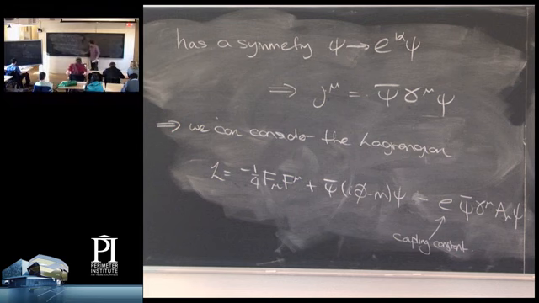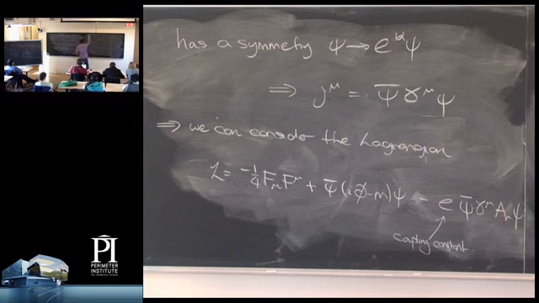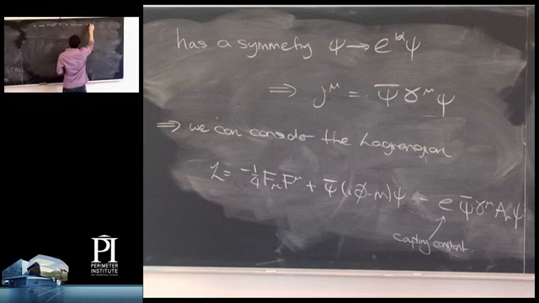So it doesn't look as if this is going to be gauge invariant anymore. So we need to figure out how this is going to be gauge invariant. To see that this Lagrangian is gauge invariant, we're first going to just introduce some new notation.